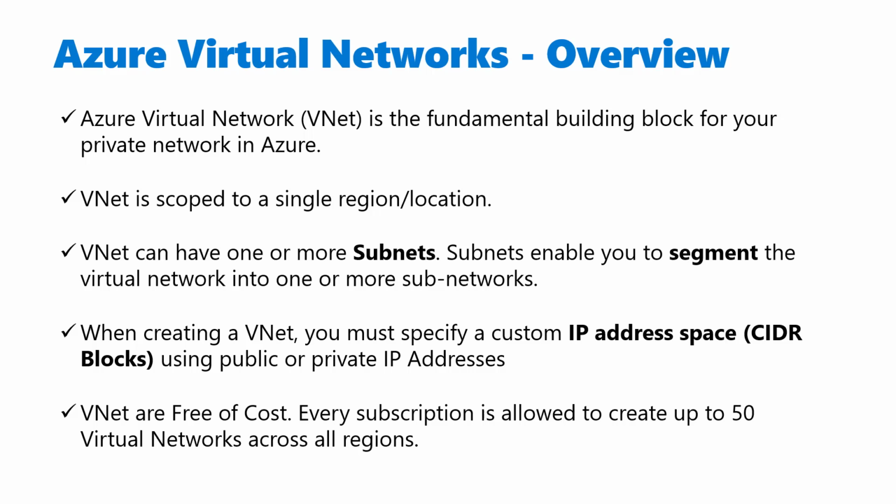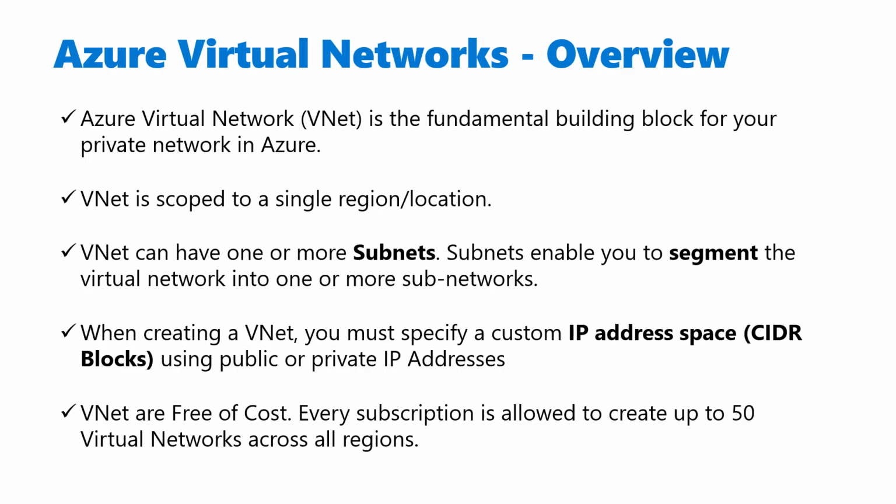And in a given Vnet, we can create one or more subnetworks or subnets. Basically, subnet is nothing but a segment. And obviously, if you want to divide Vnet into multiple segments, then you should create multiple subnets. And while creating Vnet, we must specify an IP address range.